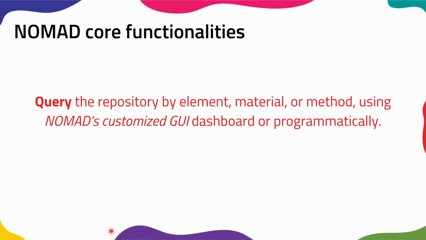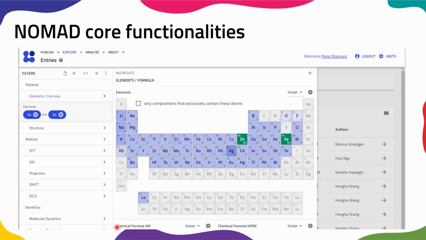I have a screenshot here to show you how this filtering works. You can see in the left column all the available filters where you can filter data entries in NOMAD, such as the elements, the methods, and so on. Or you can pick your elements from the periodic table graphically here.